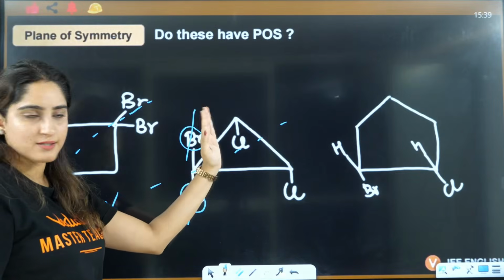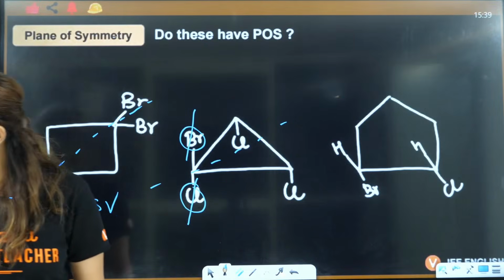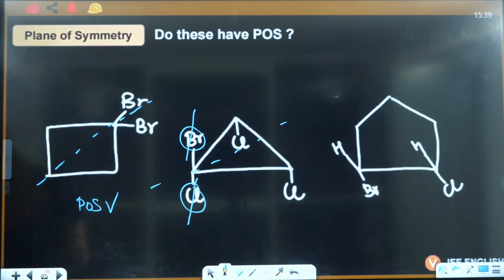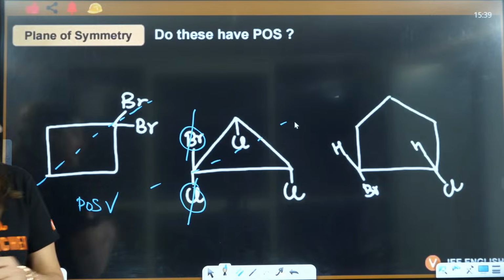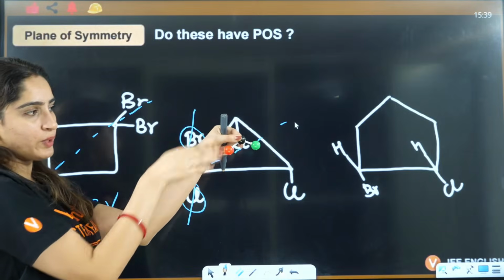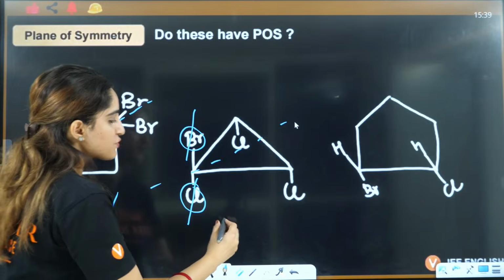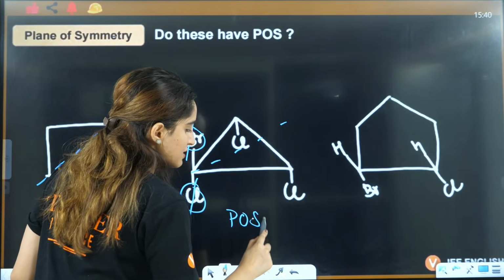One chlorine is on this side, one chlorine is on this side, and the plane is passed like this, so that on the same carbon, the bromine and chlorine are divided into equal halves. So here also POS is present.